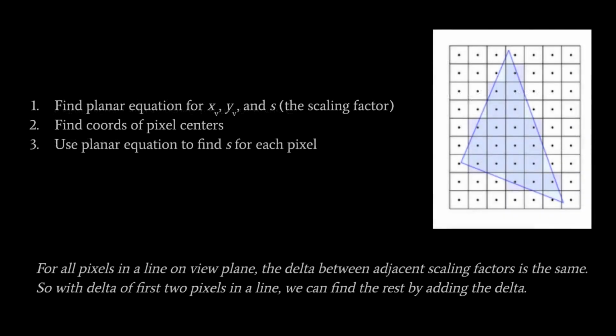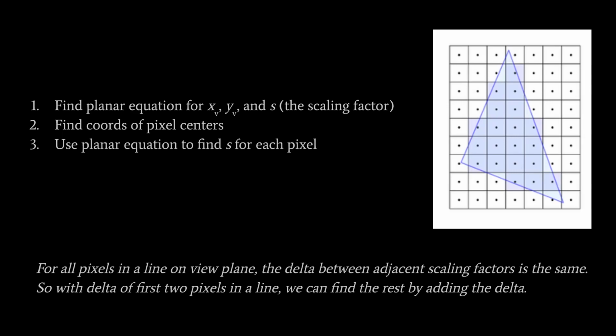For each of the 3 vertices of our 2D triangle, we have the x and y on the viewplane, and we also have the scaling factor for that point. And we have 3 of these 3D coordinates, so we can compute a planar equation. And to be clear, it wouldn't be a plane that, when graphed, would look like the plane of the original 3D triangle. It would be different, but it would be something you can conceive of as a 3-dimensional plane.